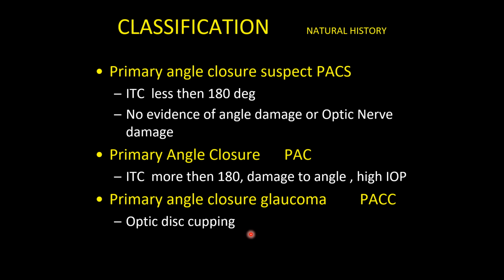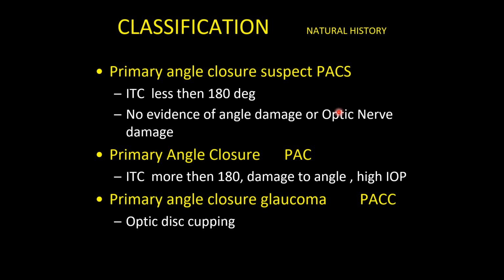I repeat, primary angle closure suspect means the angle of the anterior chamber is shallow, and we do gonioscopy. On gonioscopy, we find that less than 180 degrees of trabecular meshwork is visible.